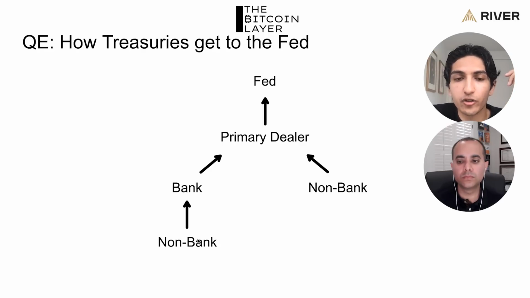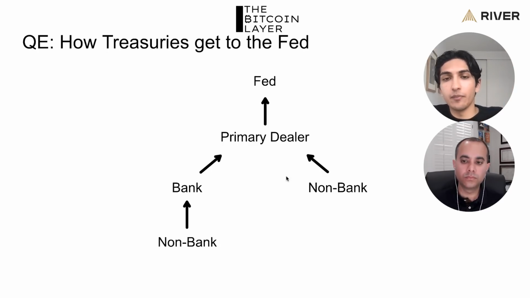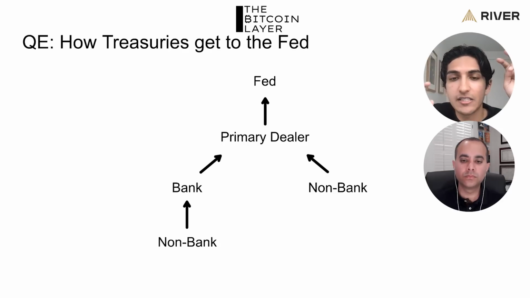We will walk through what each of these operations looks like, what it looks like for a non-bank to sell to a bank or to a primary dealer. And then you can build those through this sort of modular approach as to what QE would look like, depending on who the ultimate seller is, whether it's a non-bank or a bank.